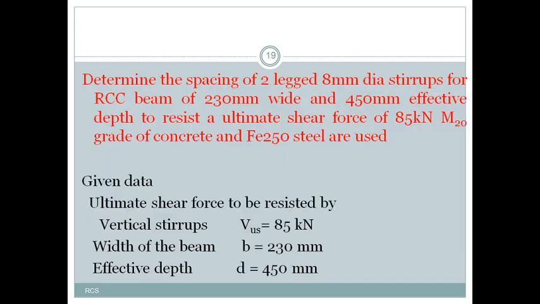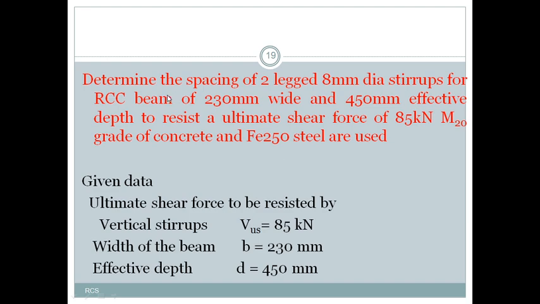So the next problem is: determine the spacing of two-legged 8 mm dia stirrups for an RCC beam of 230 mm width and 450 mm effective depth to resist an ultimate shear force of 85 kilonewtons. The grade of concrete is M20 and grade of steel used is Fe250. Here the question is somewhat different.